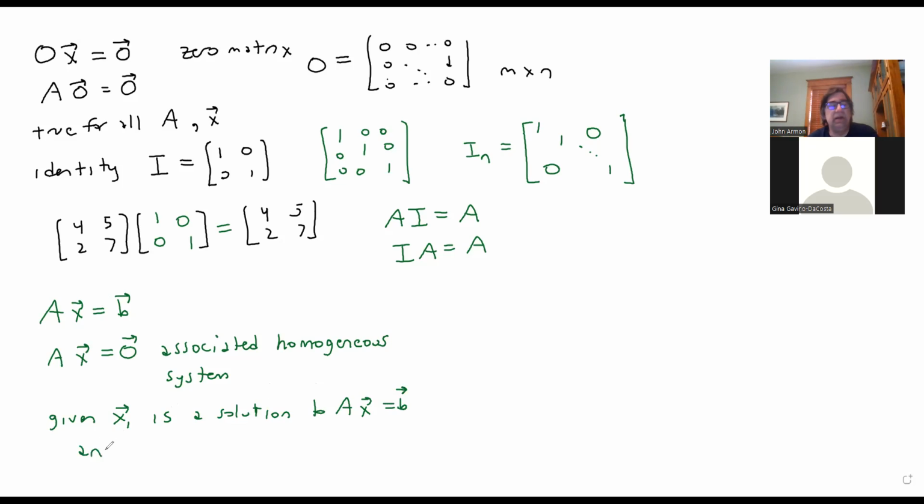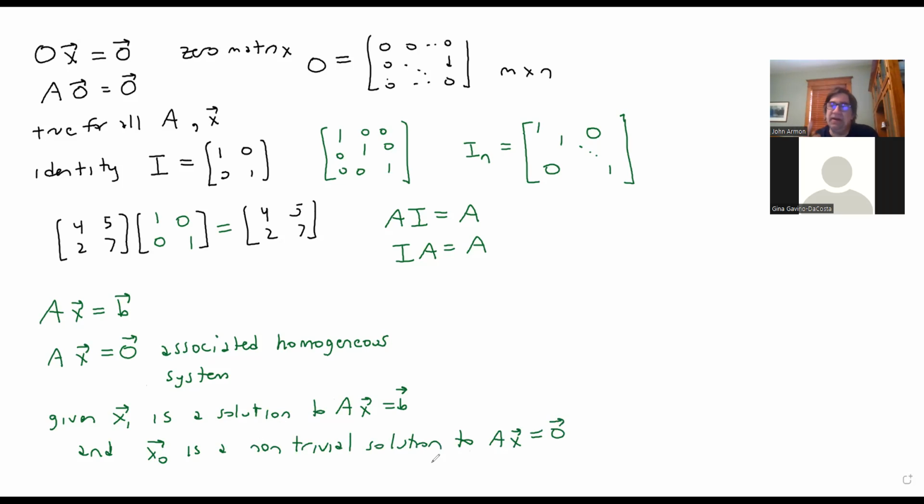And for the associated homogeneous system, you could write down a solution as well. So we'll call it x sub 0, for homogeneous. You know that homogeneous systems have trivial solutions, all the variables being 0. We're talking about a non-trivial solution here. So this is a non-trivial solution to the associated homogeneous system.